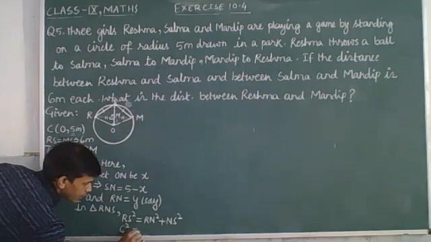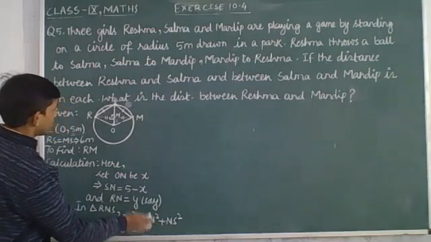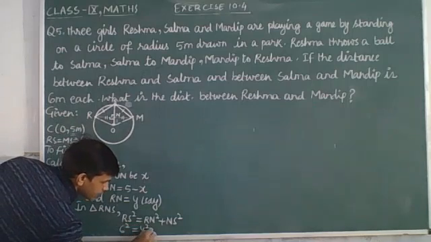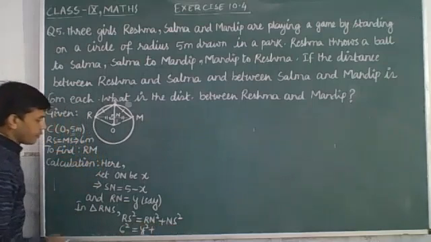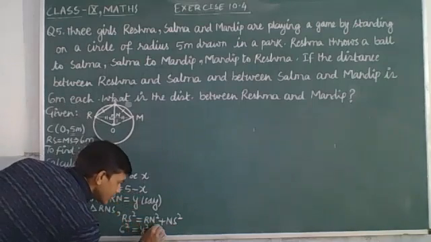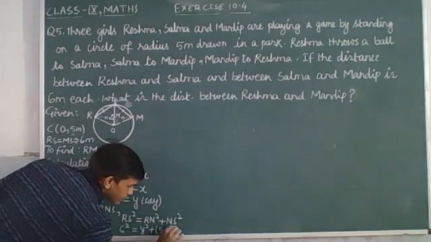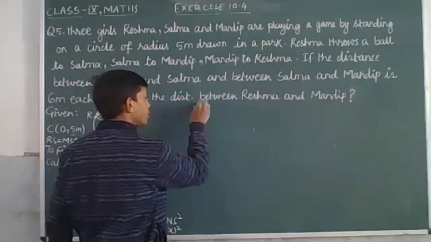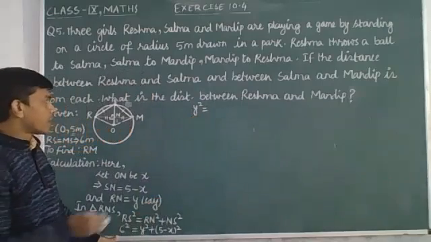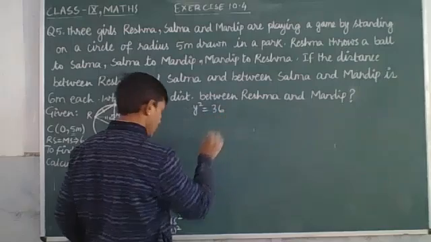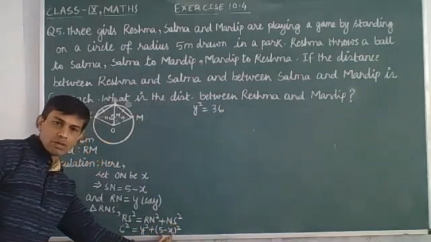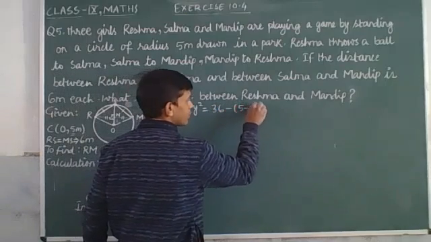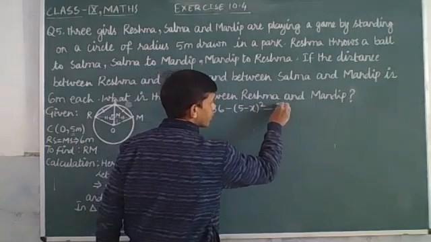So it is 6 square equals RN square, and RN equals y, so it is y square plus NS square, and NS is 5 minus x, so it is (5 minus x) whole square. Let's calculate y square. So this y square becomes 6 square, 36, minus (5 minus x) whole square. Let this be equation first.